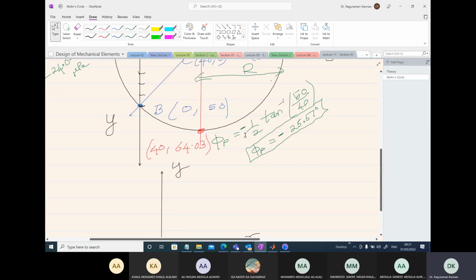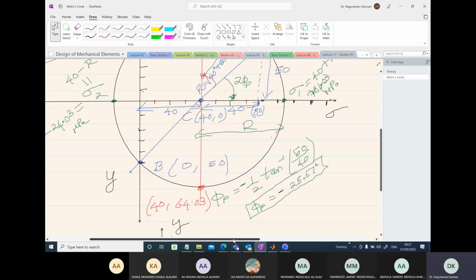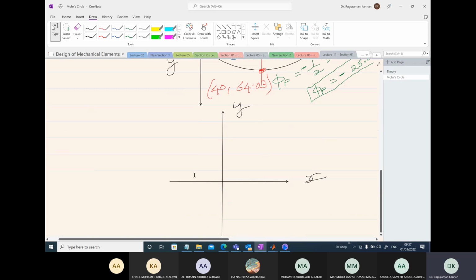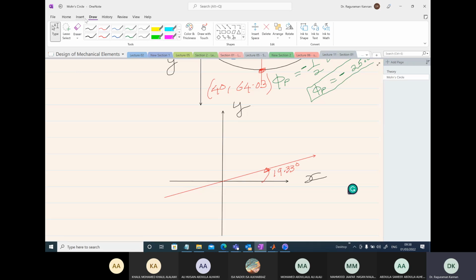Then, with respect to the x-axis in the counterclockwise direction, I'm going to draw the direction here for the maximum shear stress, plus 19.33 in the anticlockwise direction. So this is 19.33 degrees.